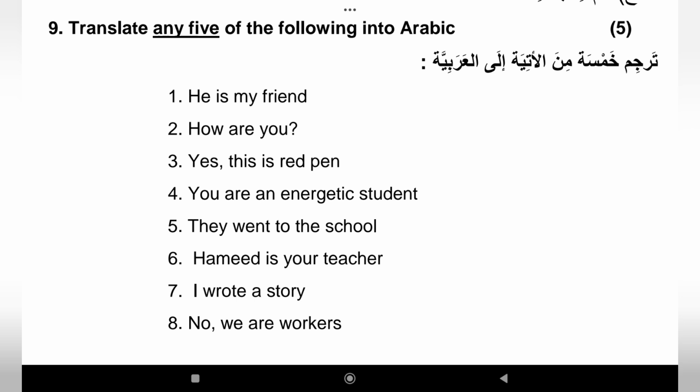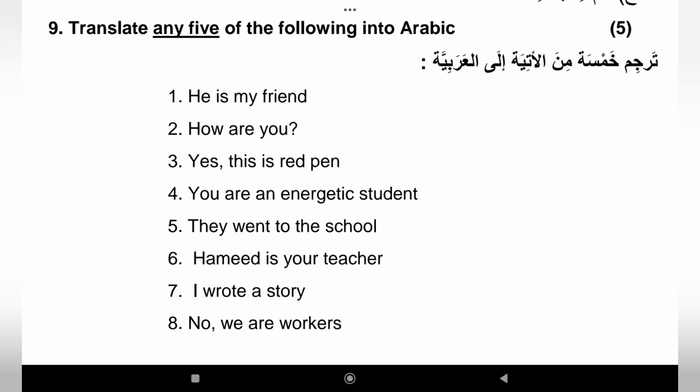Hope it should be simple for you in the public exam also. Then number 2, how are you? كيف حالك؟ Number 3, yes, this is a red pen. نعم هذا قلم أحمر.